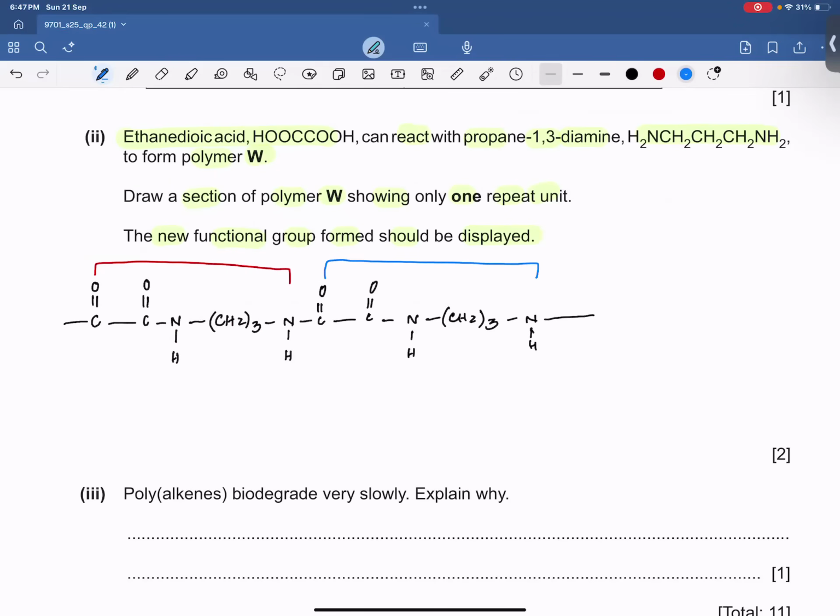I hope it makes sense to you. Let me give you an equation here.